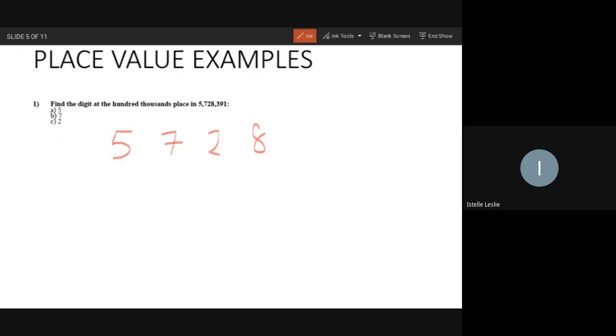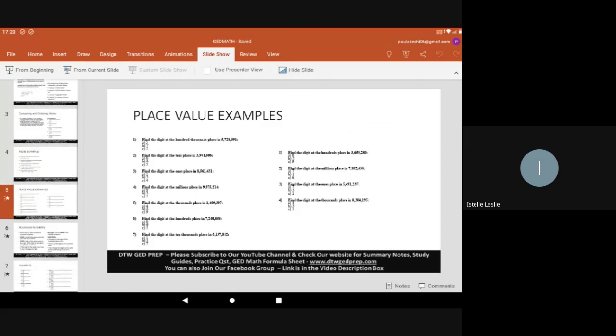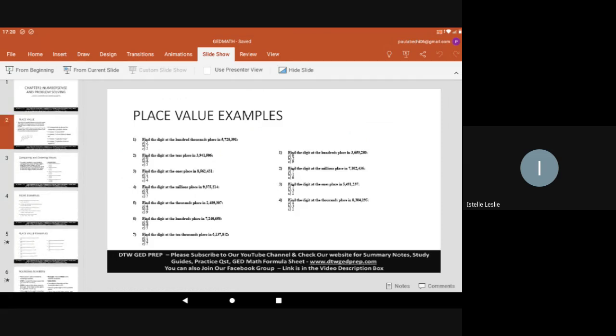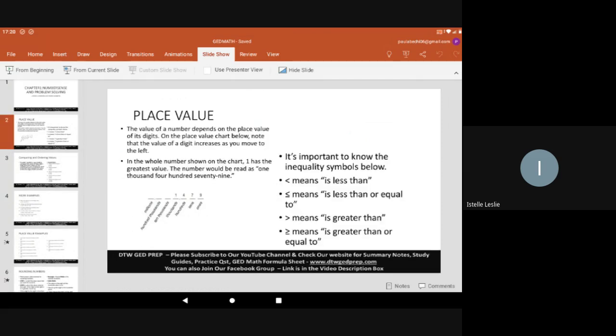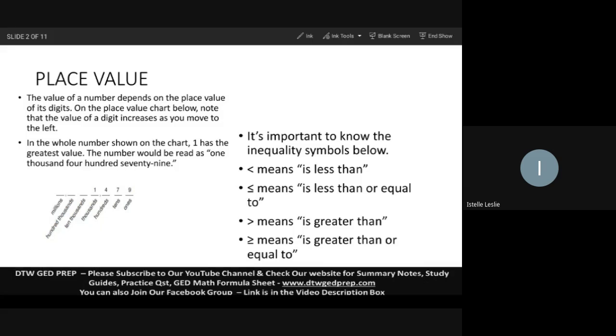and then if you remember the chart I showed us earlier, let me go back to that chart so that we can remember. For the chart, we had the ones.